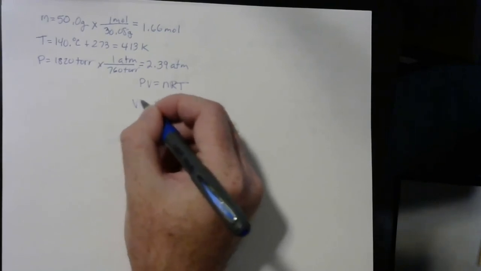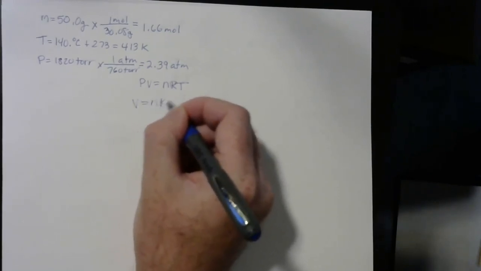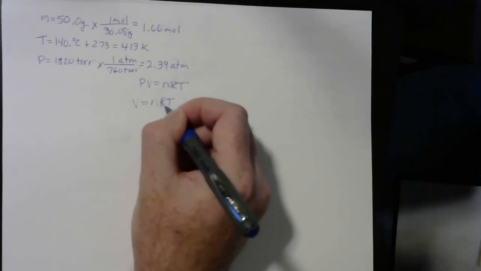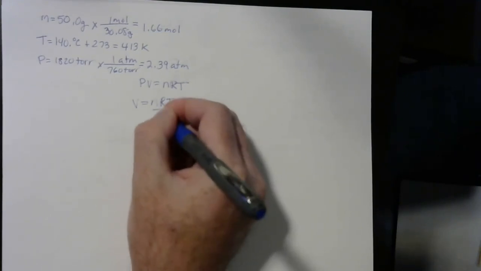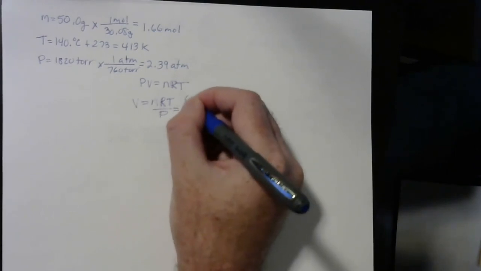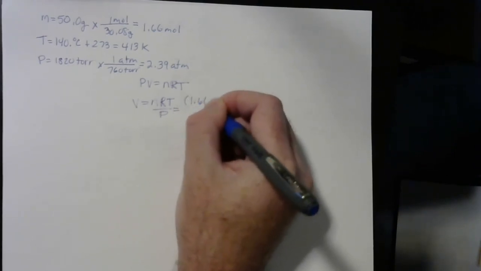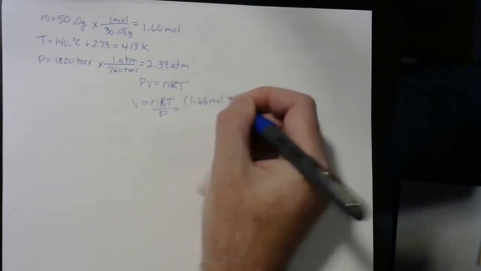Now I'm ready to plug in. I want to solve for V, so V equals nRT divided by P. That's going to be 1.66 moles.